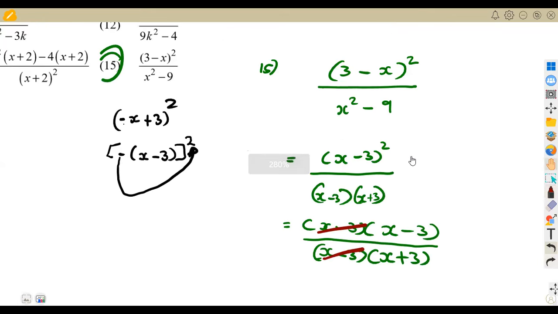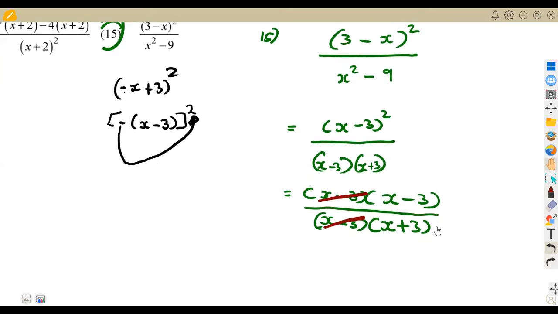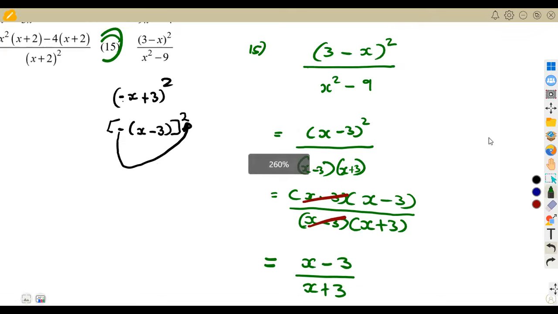It was just one in the denominator and we used it. So we are left with nothing. So it means it is just going to remain as it is on top, as the x minus 3 over the x plus 3, like that. So that is how we could have simplified this type of question.